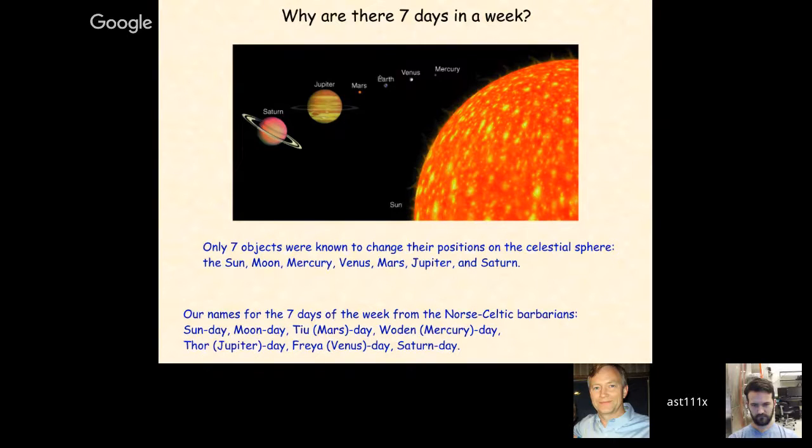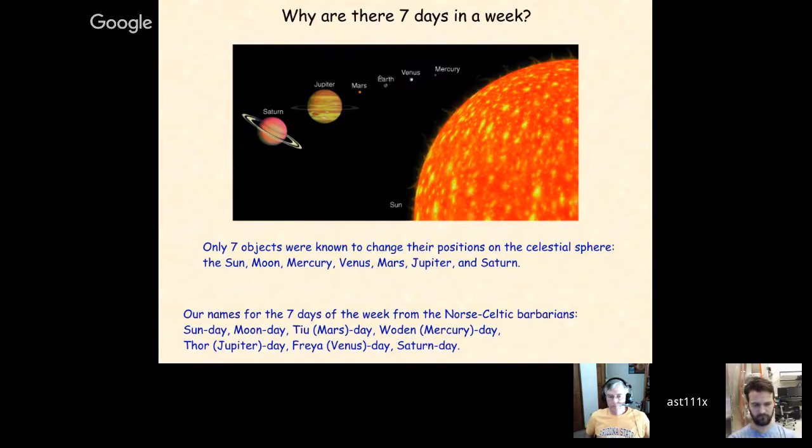So we have Sunday, that one should be obvious, Moon Day, Tuesday for Mars, Wodin's Day for Mercury, Thor's Day for Jupiter, Thor being the god of Jupiter, Freya, the only female planet, the goddess of Venus, Friday, Freya's Day, and then Saturn Day, which is kind of obvious for Saturday.